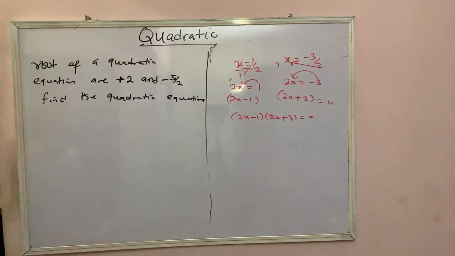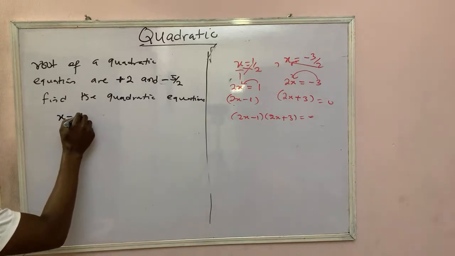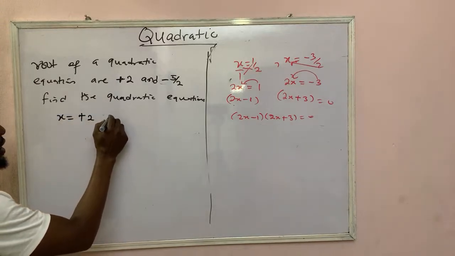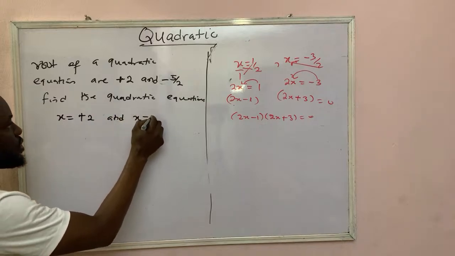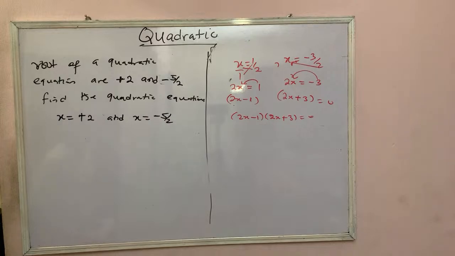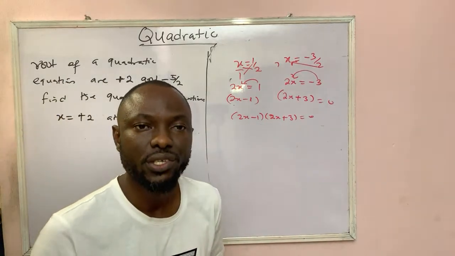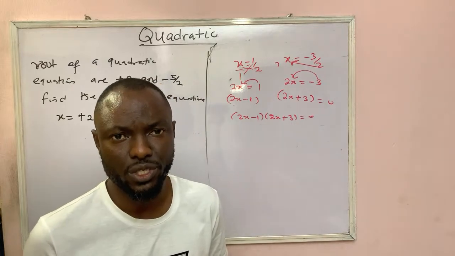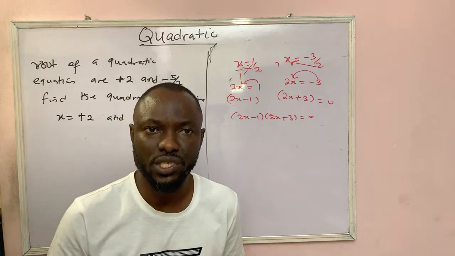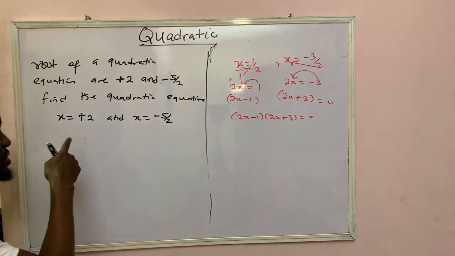So it means that x is equal to plus 2 and x is equal to minus 5 half. So these are the solutions. Like I said, the solutions are called the roots of the quadratic function. We already know the solutions, but we want to construct a quadratic equation for this solution.